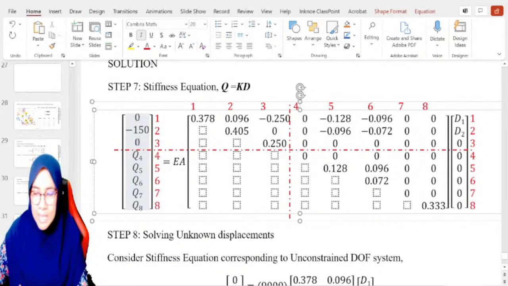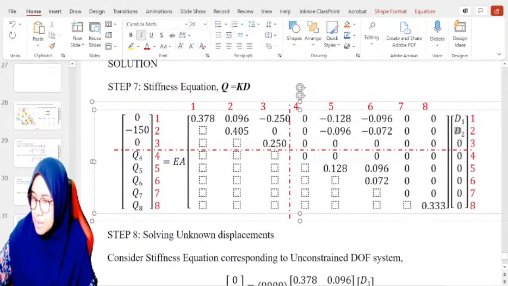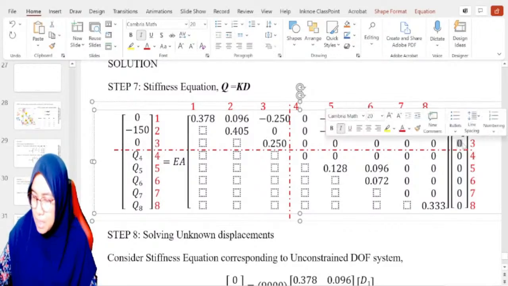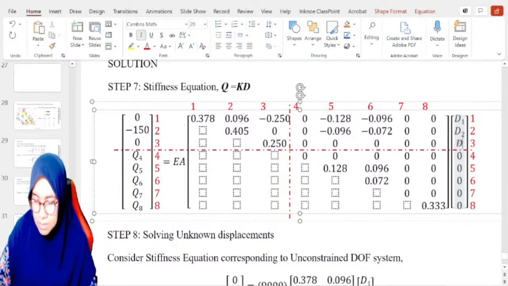I will not show you all the values. I just need to copy this. So we will have D3.